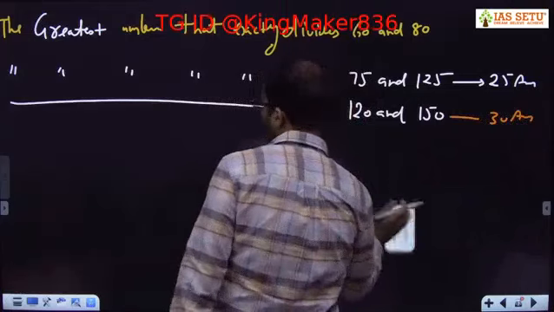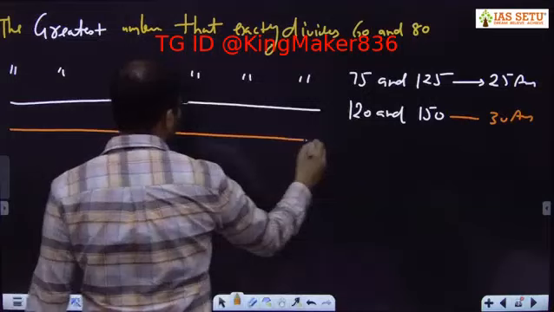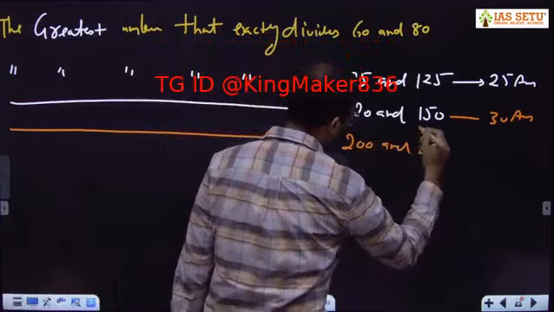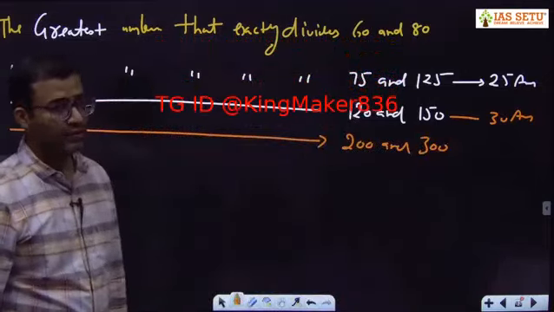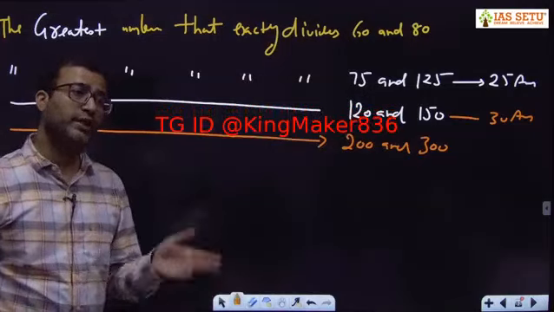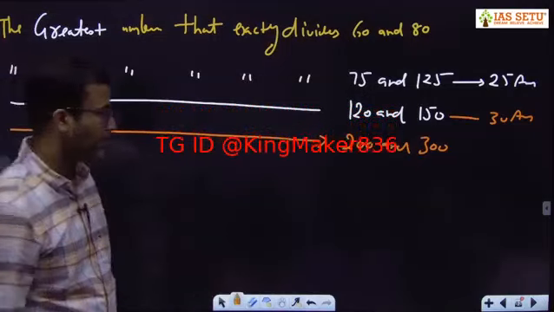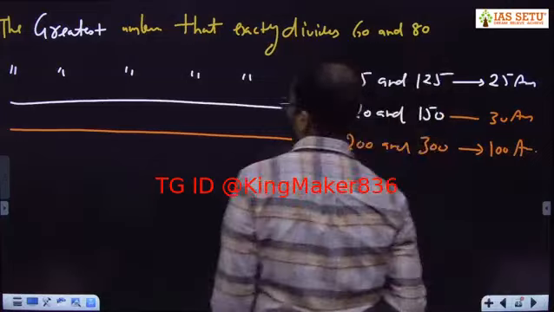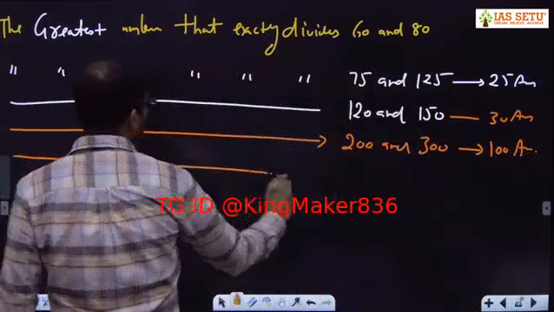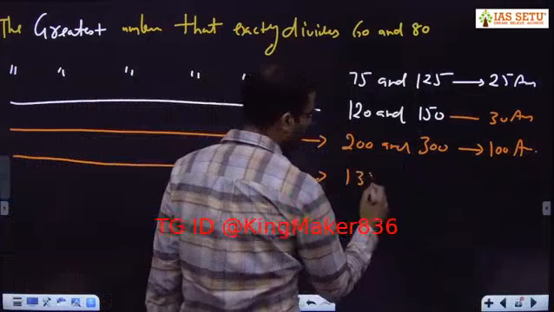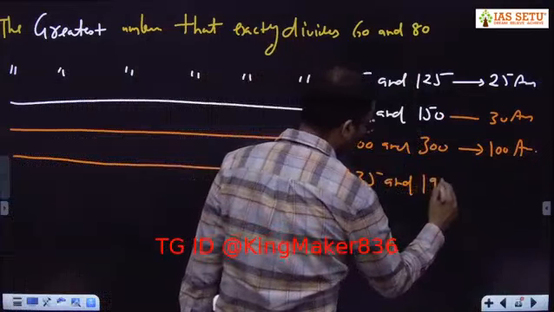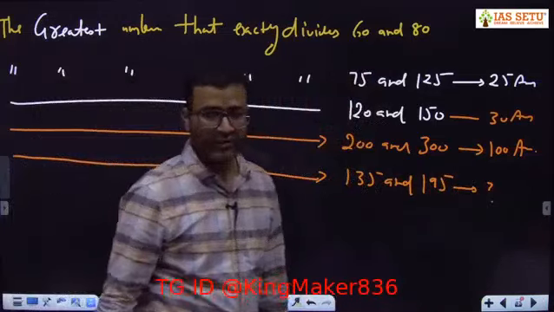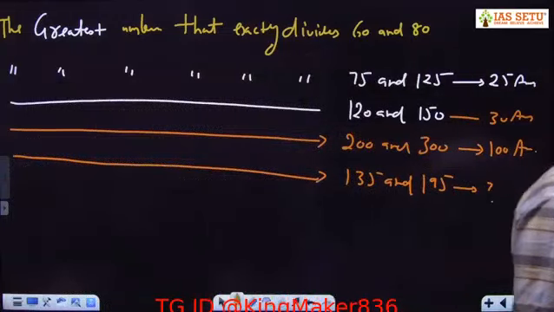Next question. Tell me the greatest number which can exactly divide 200 and 300. Tell me the greatest number which can exactly divide 135 and 195. Find the HCF of 135 and 195.